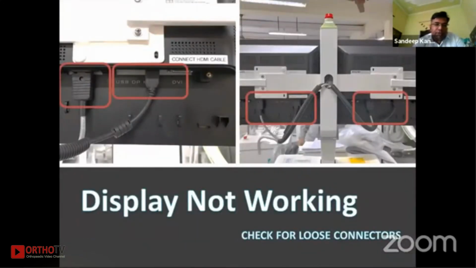Another problem is the display not working. In some cases the cable is loose, or in between shifting the machine from one OT to a second OT, the connection may become loose.